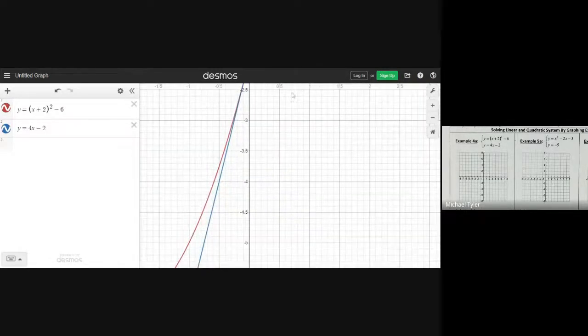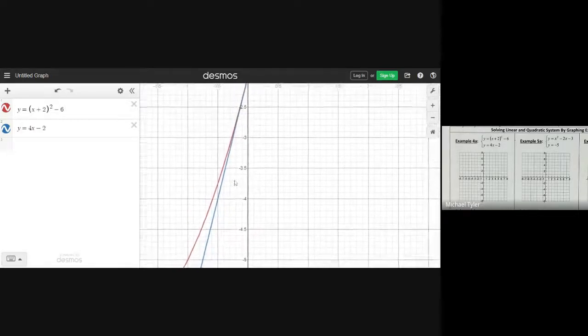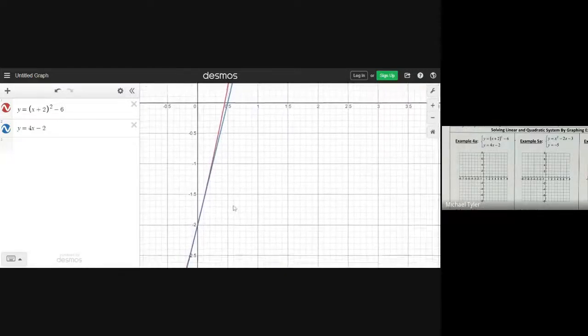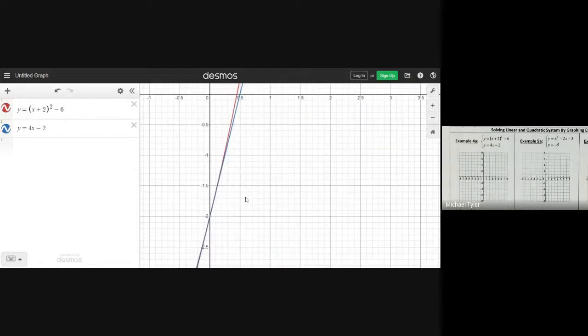If you notice, let's follow the graph here. This one's kind of difficult. If you look here, it only crosses once, doesn't it? It's going to cross about right there at 0, -2. Now, to make sure this is correct, we can type in what we see.